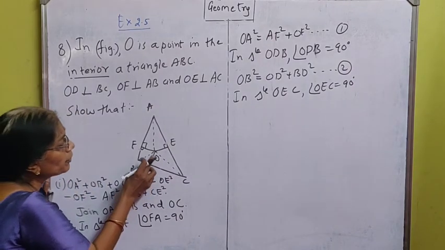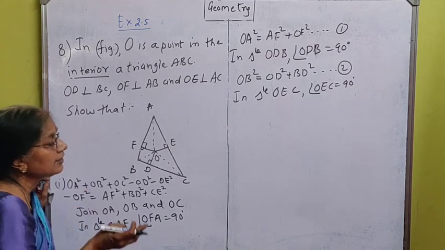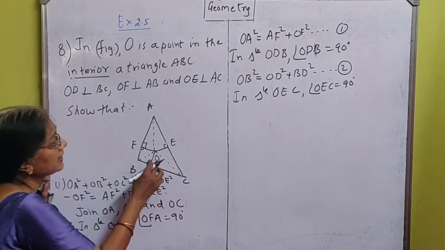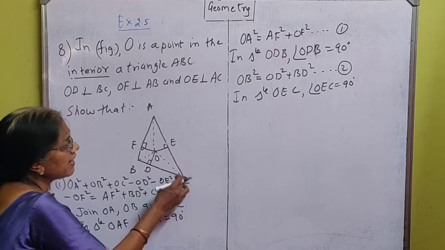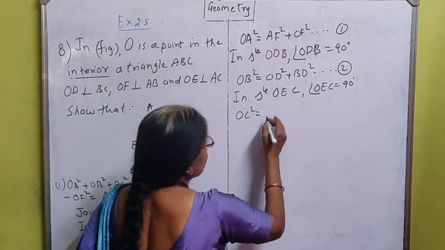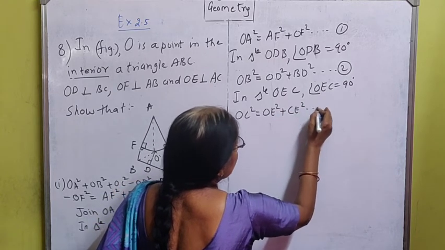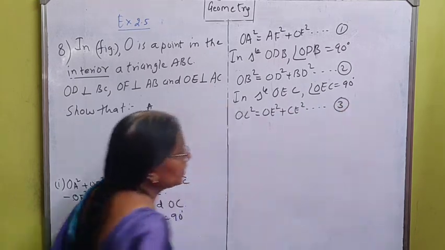Which will become the hypotenuse? OC will become the hypotenuse. So use the Pythagoras theorem. OC square is equal to OE square plus CE square. This is your equation number 3.